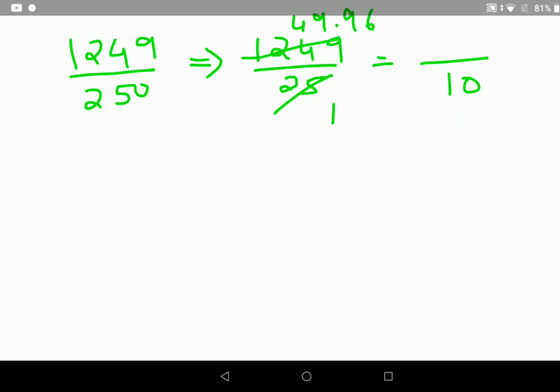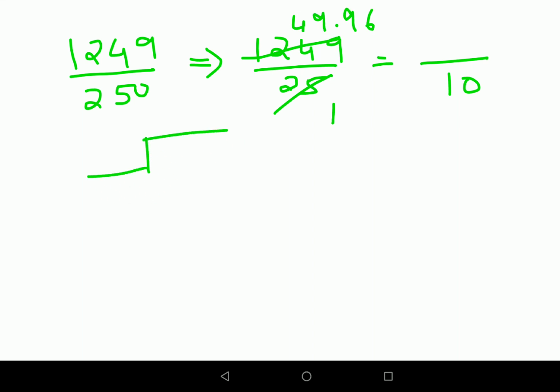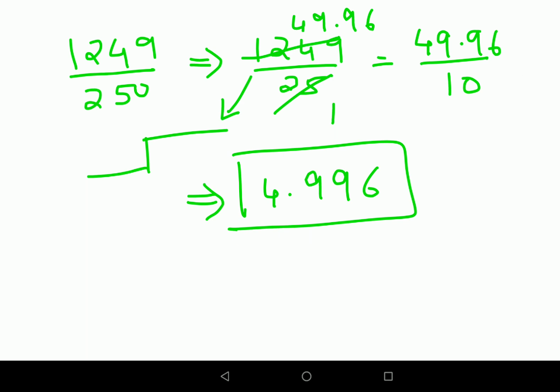Okay, see, if you want, you can do it this way also, if you're not very comfortable with the other method. So 49.96 divided by 10, so the final answer for this one is 4.996. I hope this is very clear to everyone.